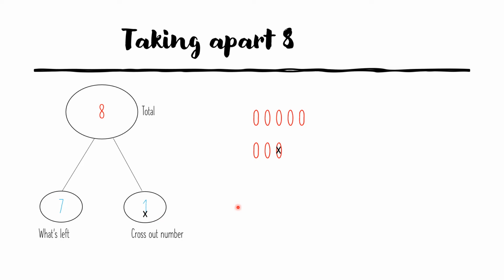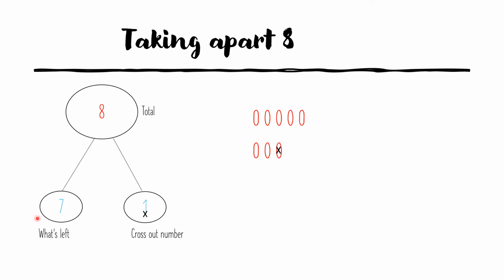But that's not all the information, kindergarten, we can learn from this drawing. After we took away one circle, we want to find out how many circles are left. Let's count to see how many circles are left. Count with me. 1, 2, 3, 4, 5, 6, 7. That's it. That's our other part.